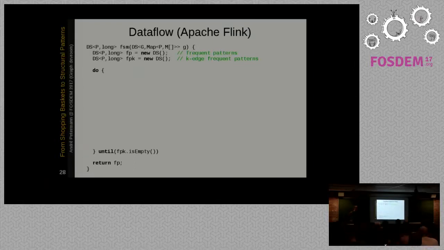For all who don't know Apache Flink, the basic abstraction is that you have data sets, and then you have transformations on these data sets, where a higher-order function is a parameter. It's similar to lambda expressions, but for data sets. The idea is that the function is executed for each element of a data set or for a group of elements, for example.